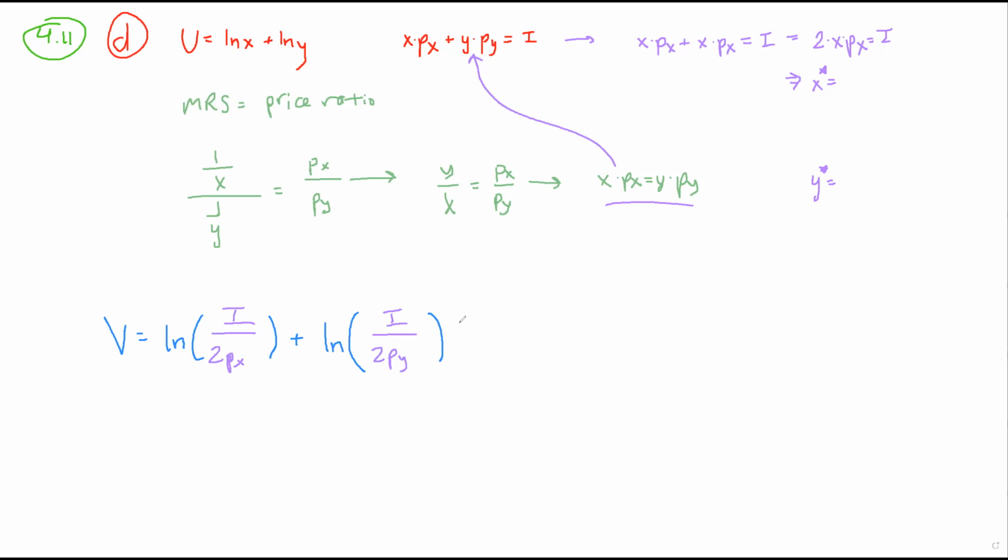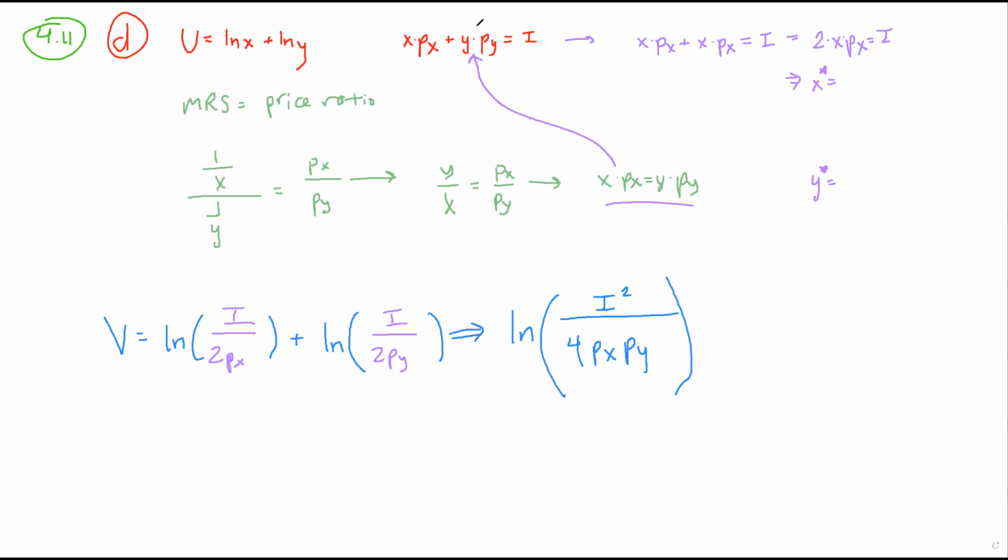You could leave it like that, although it's going to be easier to solve for I when we do a few things with algebra. One thing you might learn back in calculus or pre-calculus class: when you add 2 logs of the same base, you multiply their arguments. So this will become ln of I squared over 2 times price x times price y, so it ends up with 4 times price x times price y. And so this is your indirect utility function.